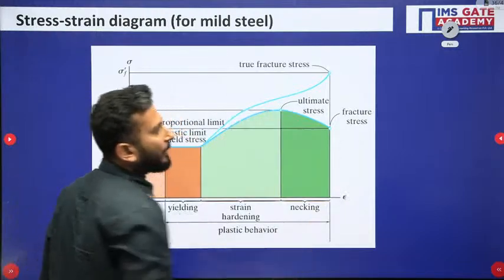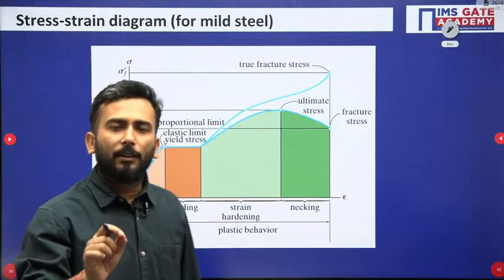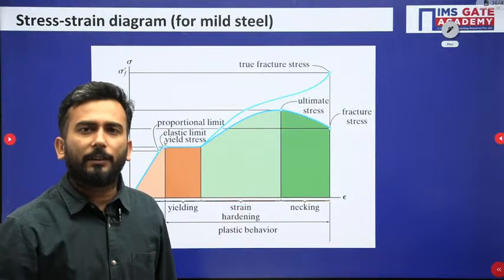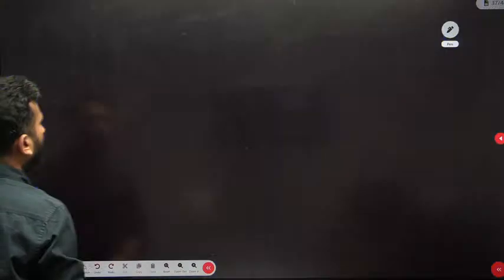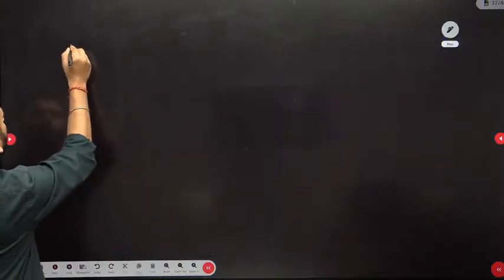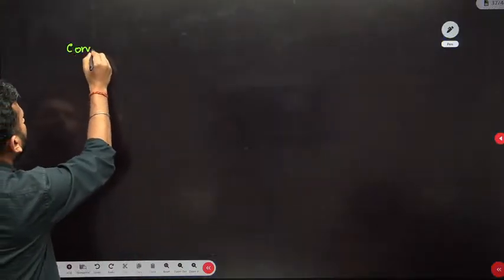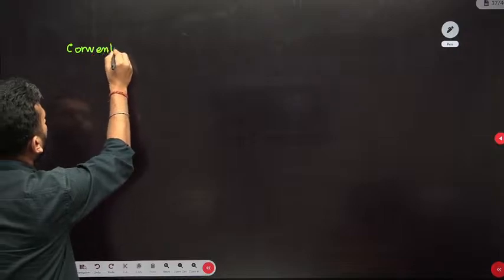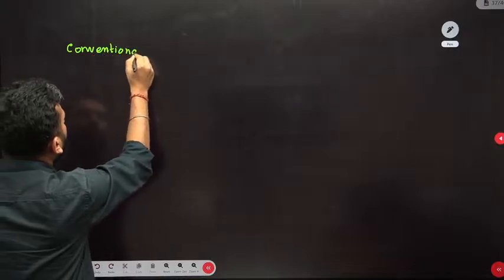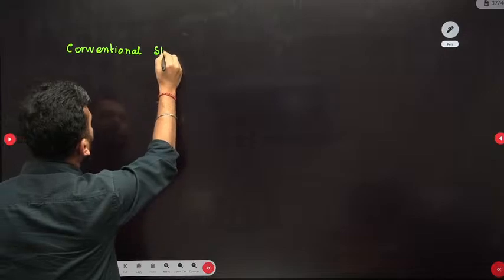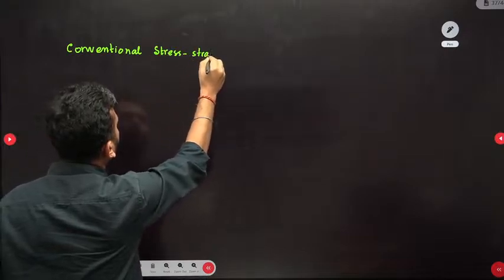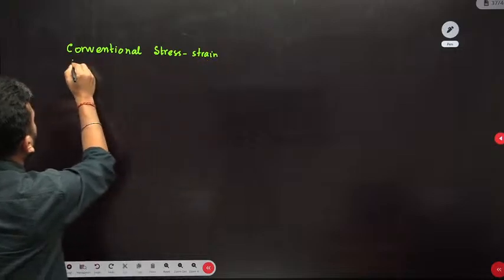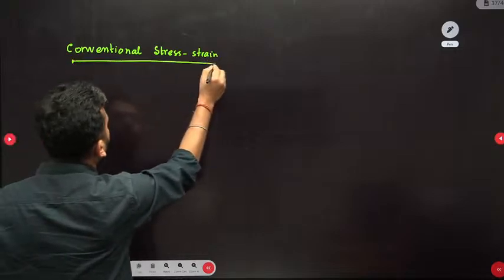This curve is known as the conventional stress strain curve. So I'll first tell you what the conventional stress strain curve is. In the conventional stress strain curve, there are two things.